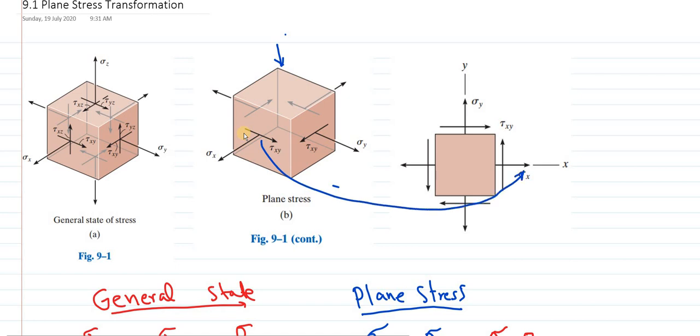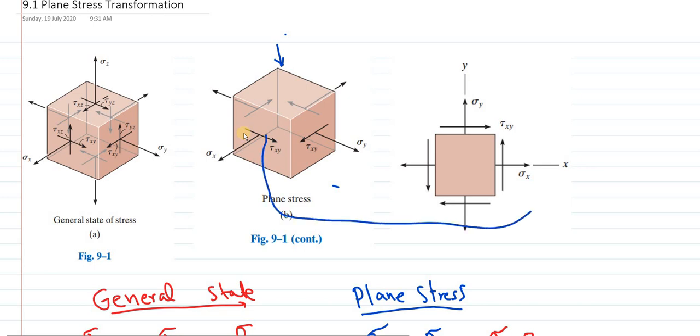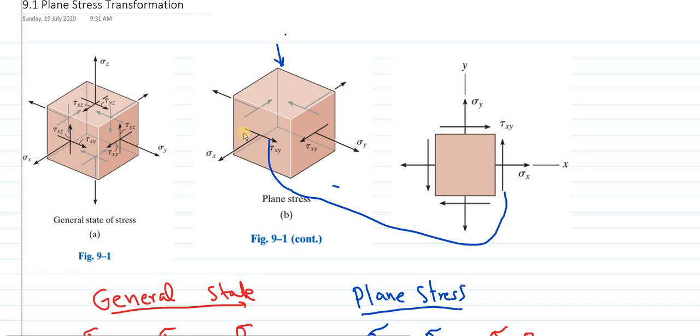All right, let me show you over here. This arrow, tau xy, is being shown over here, in the 3D view and in this 2D view.